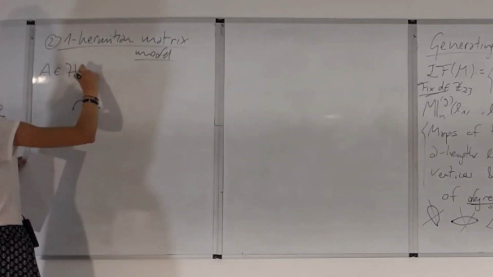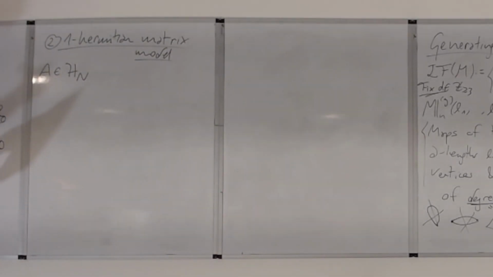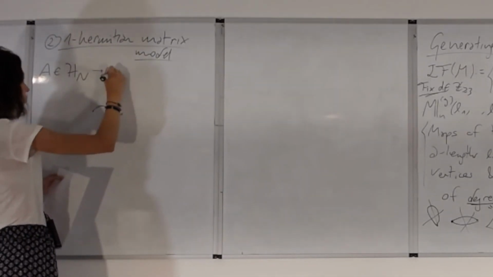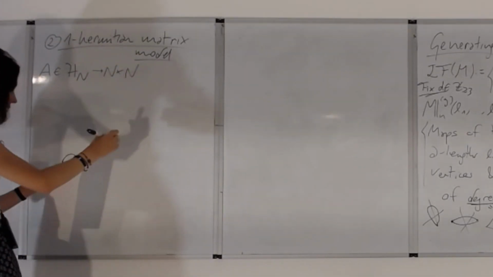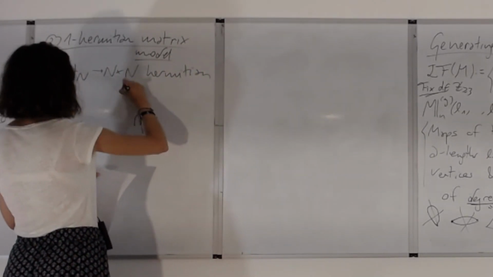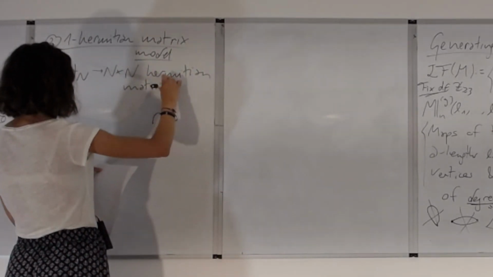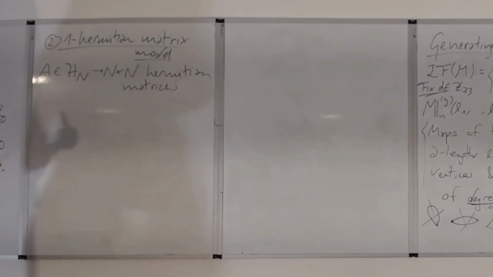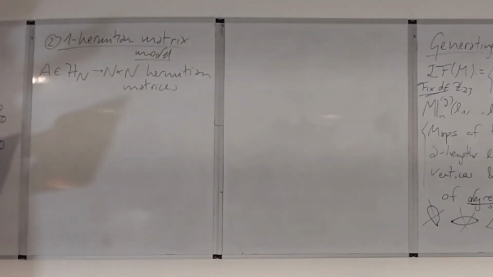So now we consider the space of n times n Hermitian matrices. And we take matrices on it. And on this space, we introduce the following Lebesgue measure.